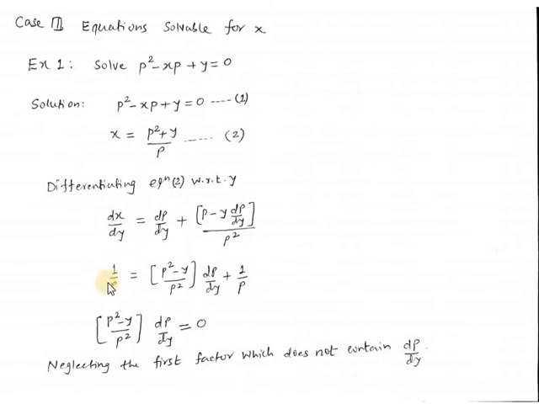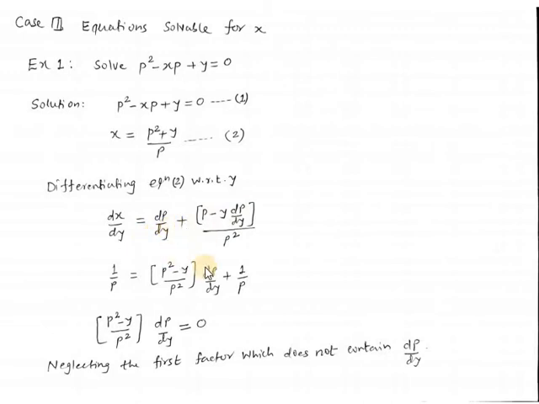Now here what is dx by dy? It is 1 divided by p, because p is dy by dx. Okay, now simplifying, p divided by p square will be 1 by p. And here the first term is dp by dy, and the next term will be minus y dp by dy divided by p square. So if we take the LCM, it will be p square dp by dy minus y dp by dy, whole divided by p square.